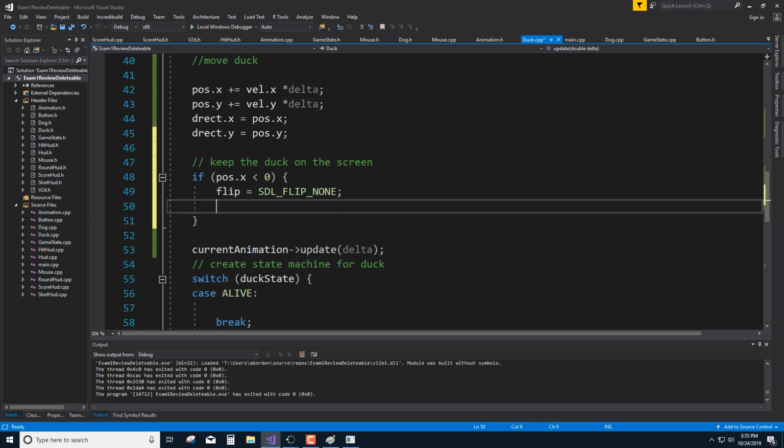Hmm? There's no flip. If he's going off the left side, we want him facing right, which is normal. So flip is none. What else? How do we keep him from moving left? Well, if he's going 15 degrees this way, he's going 15 degrees back that way. Okay, but just with the X. That doesn't change the X.